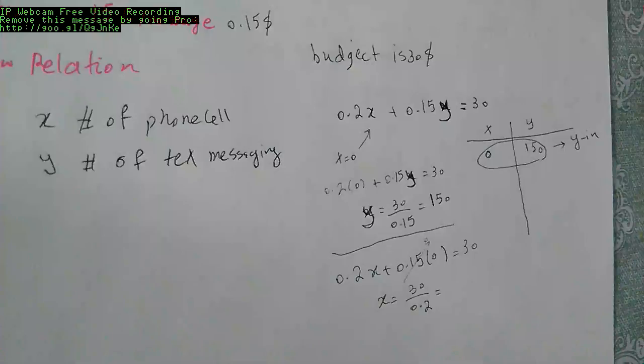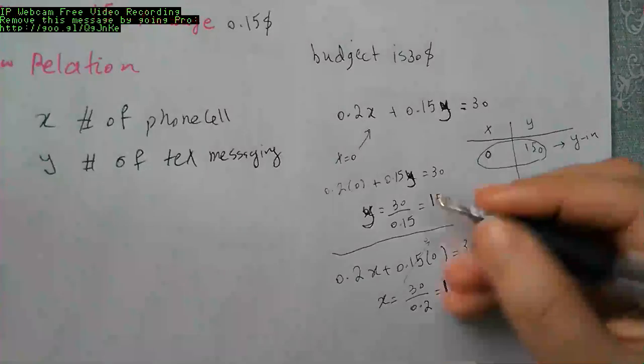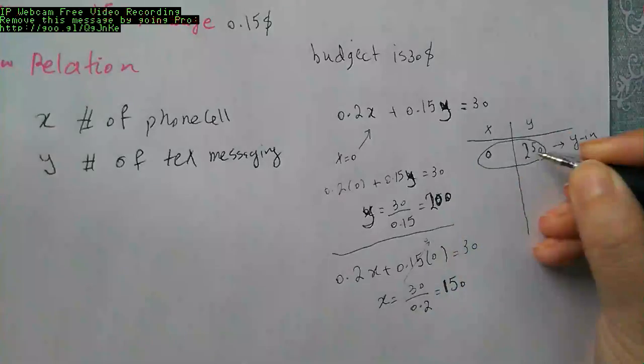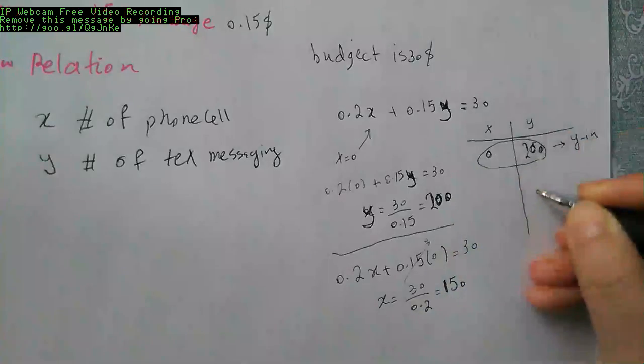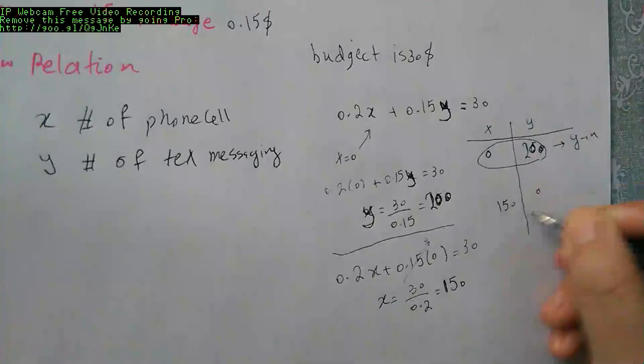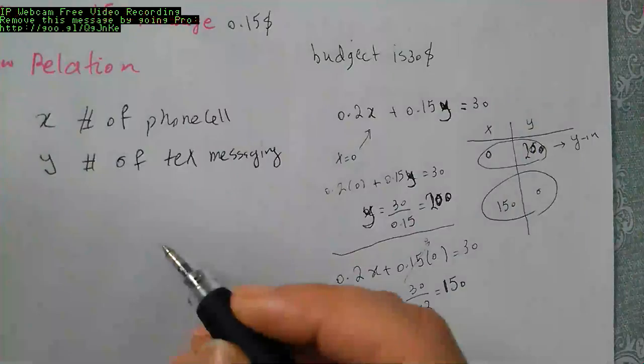If I do that, I get 150 here. I think this is going to be 200, my bad. So this is 200. Just put it in your calculator. With 0 for y, your x is going to be 200. This is what I have for the x and y intercepts.